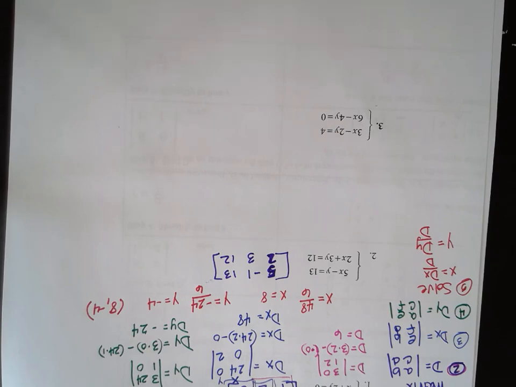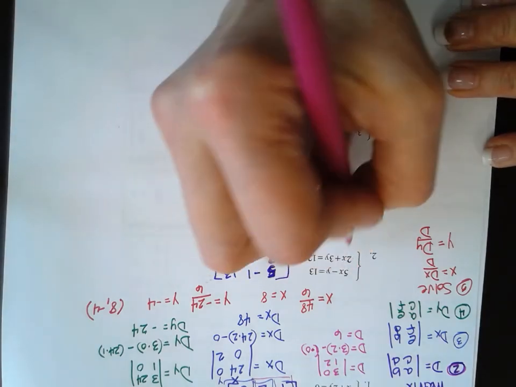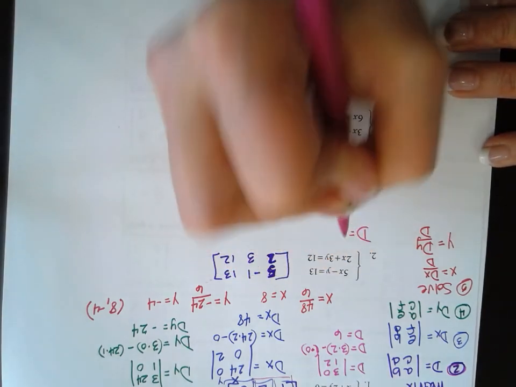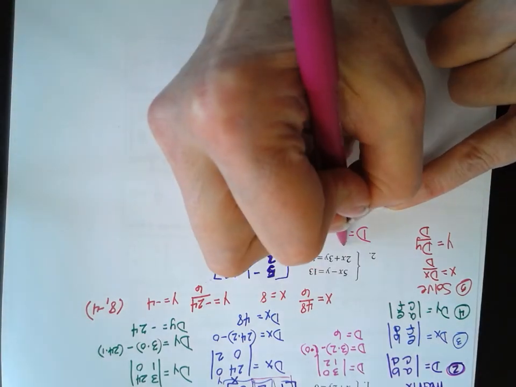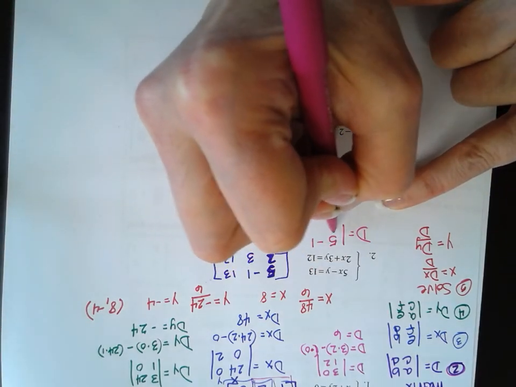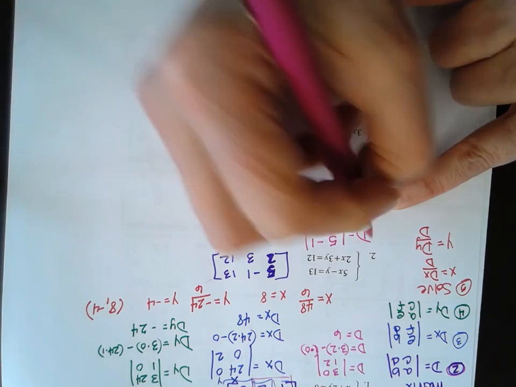Alrighty, step 2. I'm going to find my determinant of the whole system. And so that is 5, negative 1, 2, and 3.